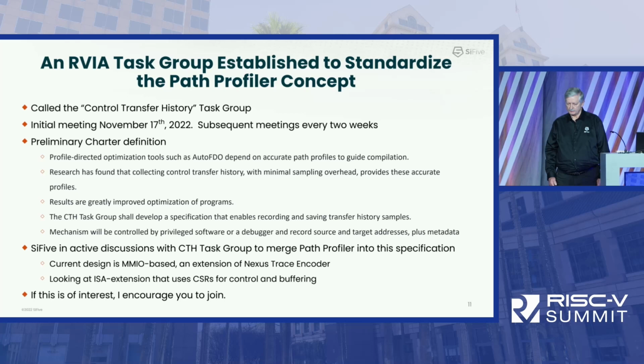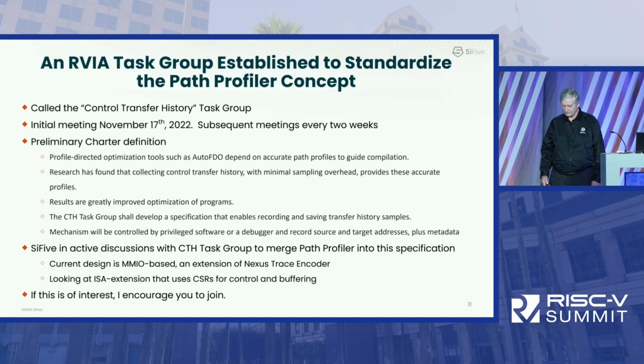So recently a task group was set up to establish the standard for this concept of optimization through profiling, and it's called the Control Transfer History Task Group. We had our first meeting in November, and we had one last week, so we've had 2 so far. People are welcome to join this group if they're interested in the features, to make sure that this kind of capability is what you want as well.